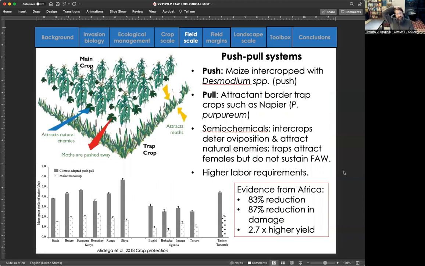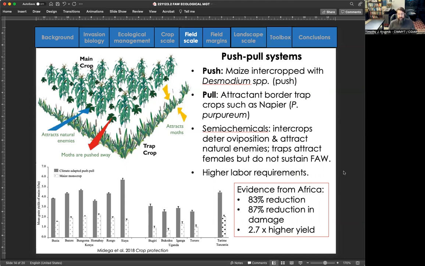Often considered and proposed are push-pull systems. These, of course, are quite widely utilized in Africa, and I believe have probably been discussed by this group before, where you, for example, plant a push crop. So maize, for example, might be intercropped with a Desmodium species to push natural enemies and others into a crop area, while you may have a pull crop that attracts the pest, in this case fall armyworm, to a border.